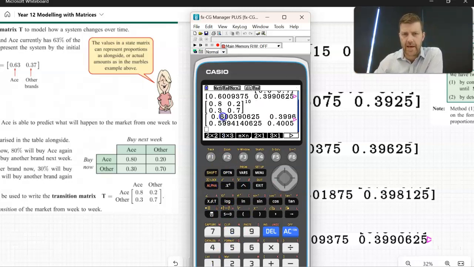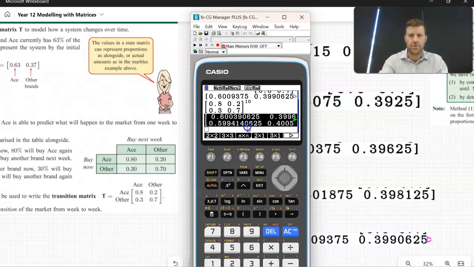You can see that the two values here in the first column are very close to 0.6, and the values here in the second column are very close to 0.4. Like I said, they're converging to 60% and 40% respectively. Let's try that again, but let's change that 10 to 20.